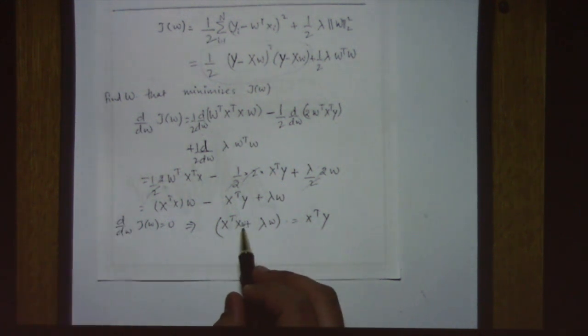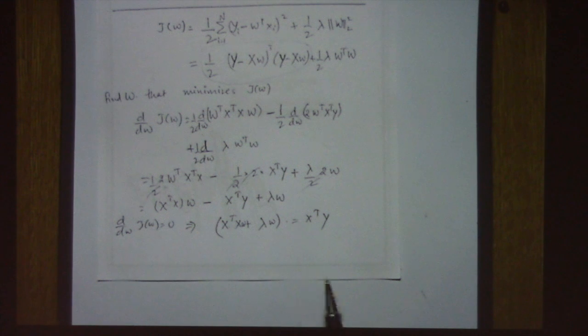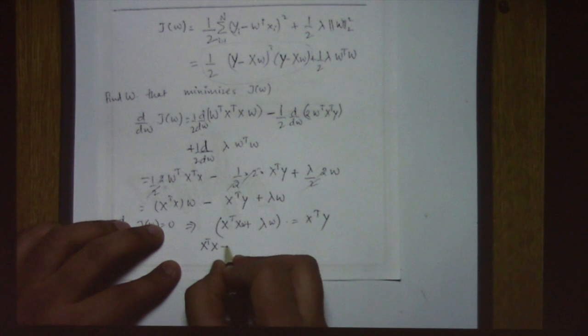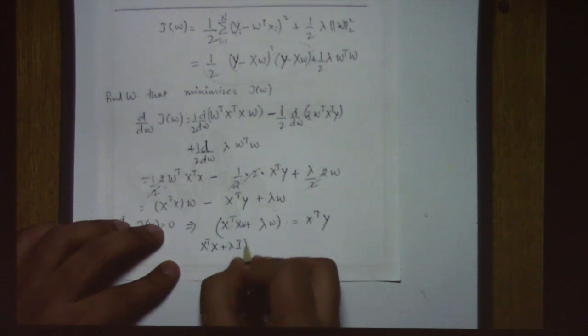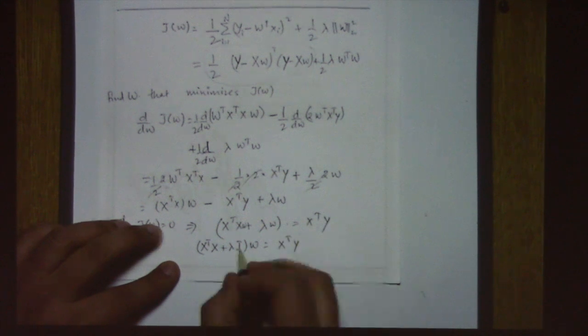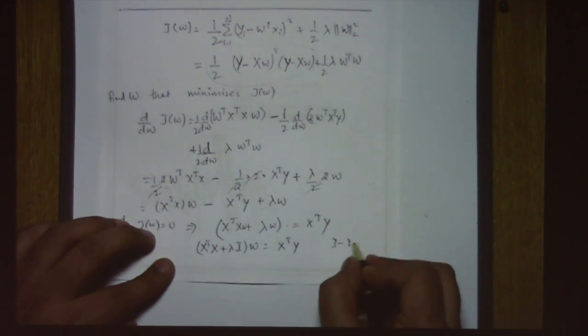But when I do that, a strange thing will happen, which is I will have to write it like this, where I is an identity matrix.